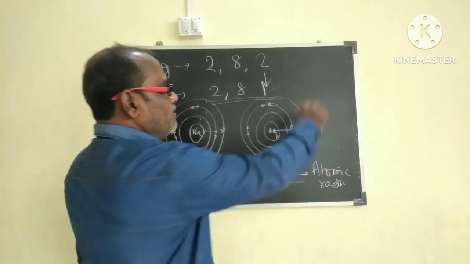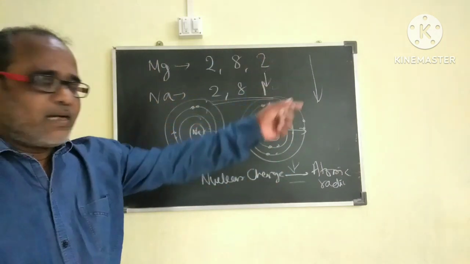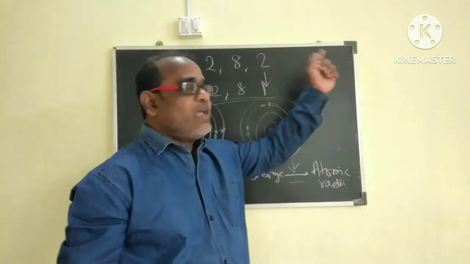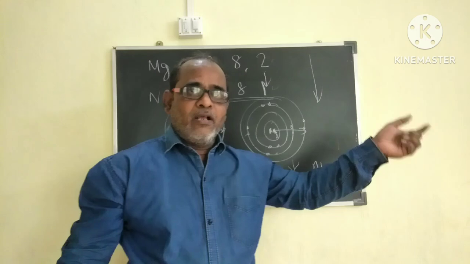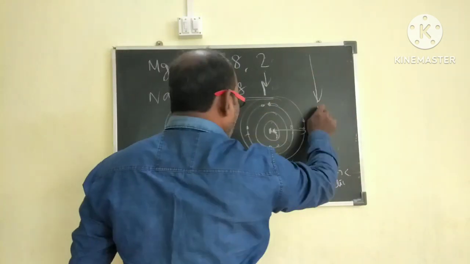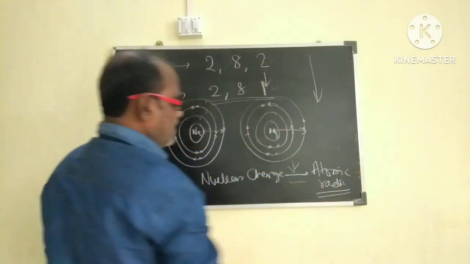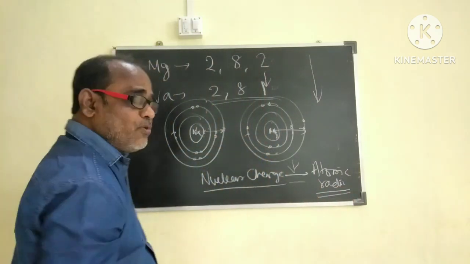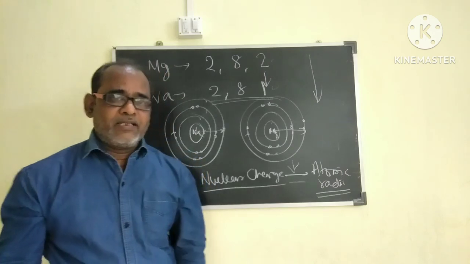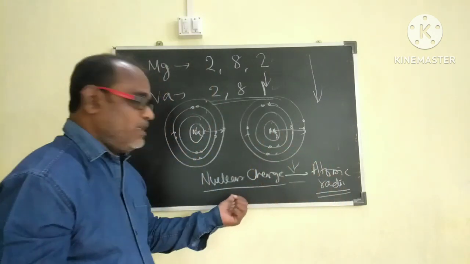And if we go from top to bottom, we can see that it is quite opposite. Whatever we are achieving from left to right, it will be the opposite of that. That means from top to bottom the atomic radii increases, though the nuclear charge also increases. But you have to understand that the increase in the number of shells overcomes the nuclear charge effect.